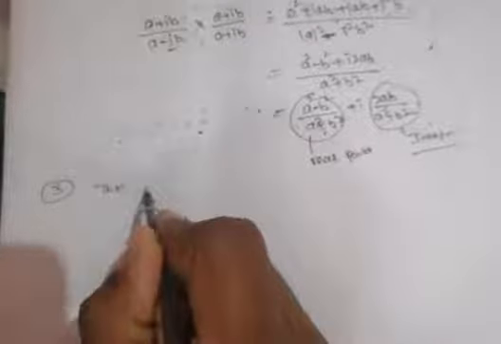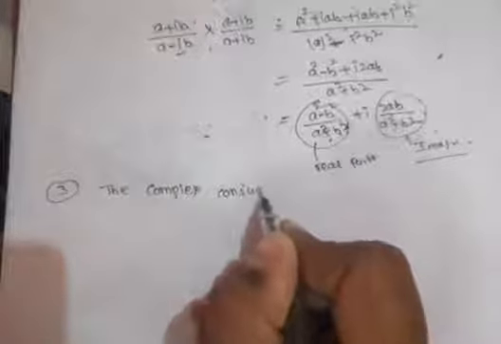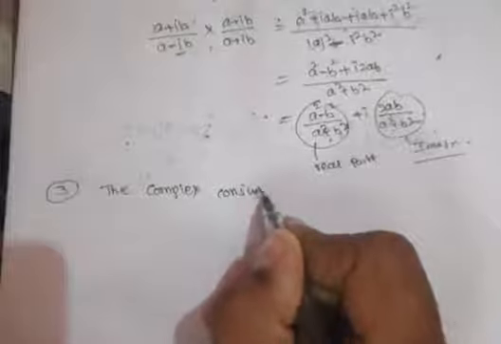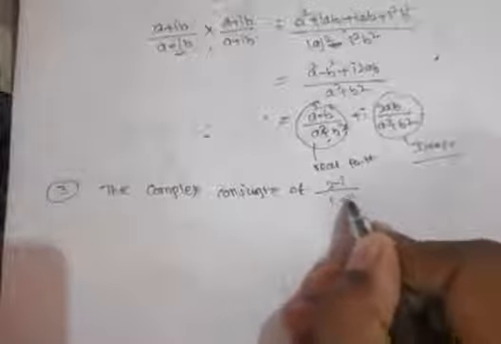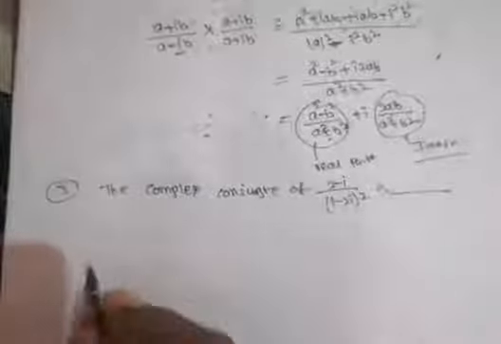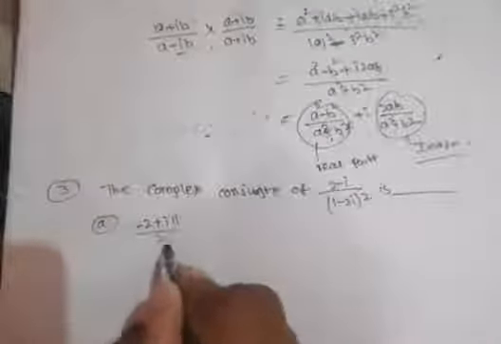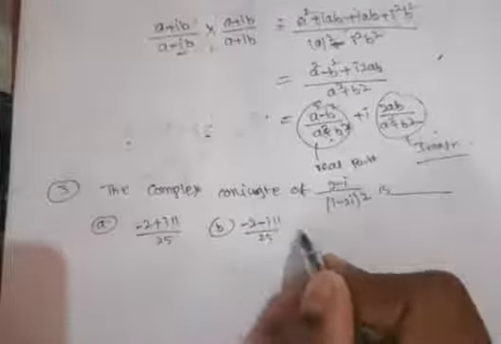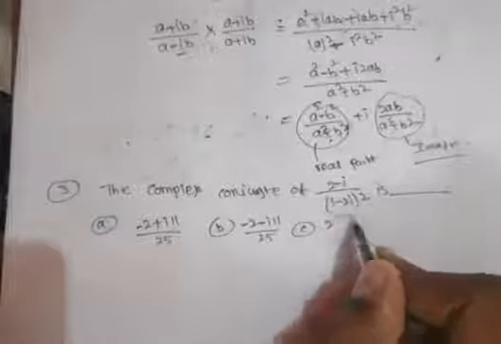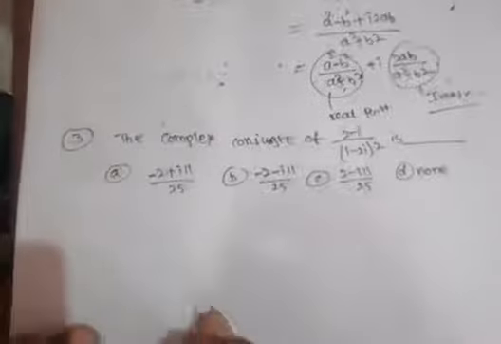Next, third question: the complex conjugate of (2 minus i) by (1 minus 2i) whole square is: option A, minus 2 plus 11i by 25; option B, minus 2 minus 11i by 25; option C, 2 minus 11i by 25; option D, none of the above.